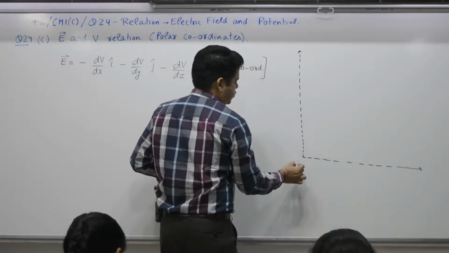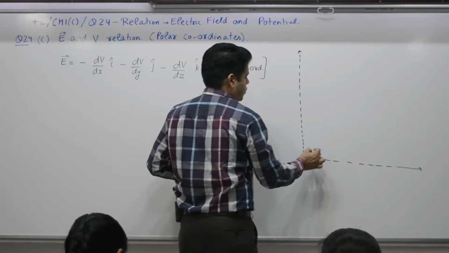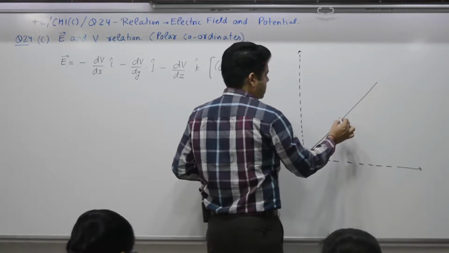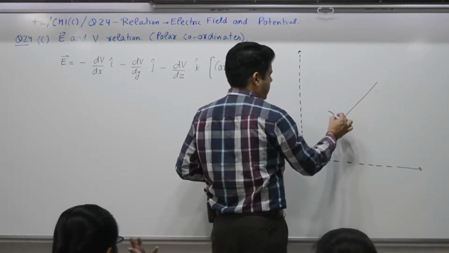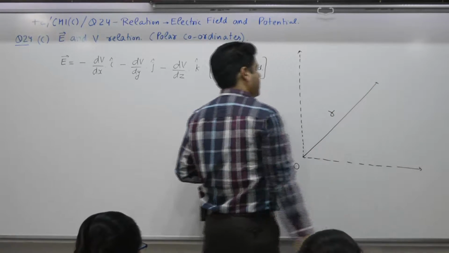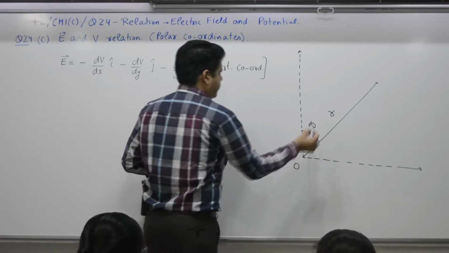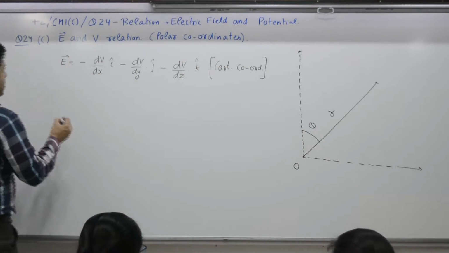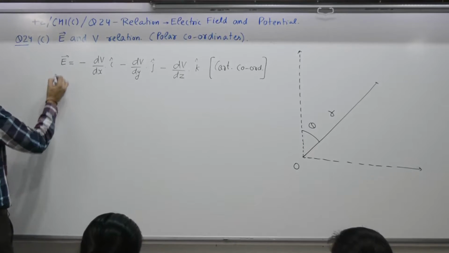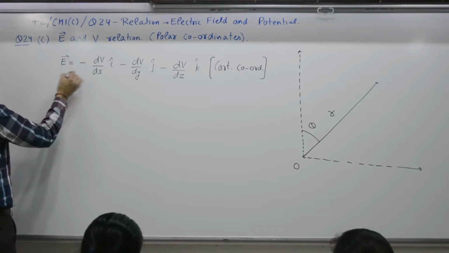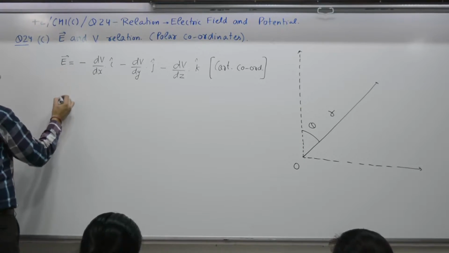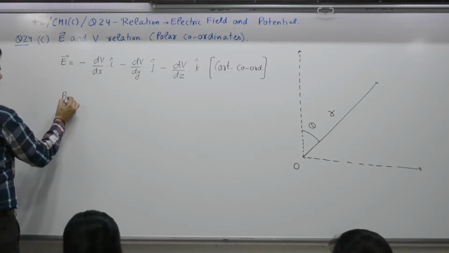So this position is the origin O, this distance is R, the angle is theta. This is one part which we have already discussed. This is the polar coordinate arrangement.